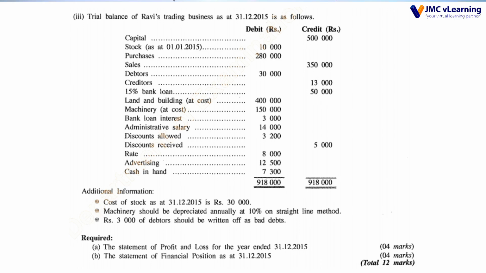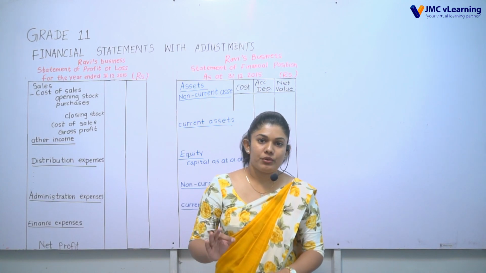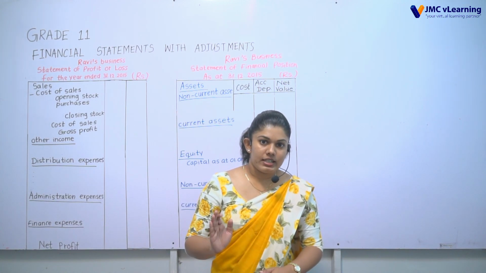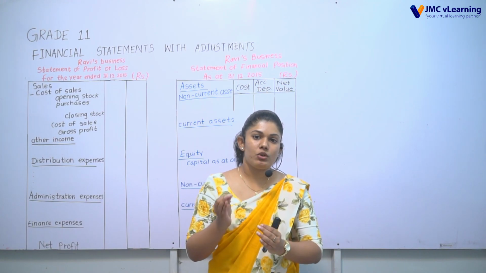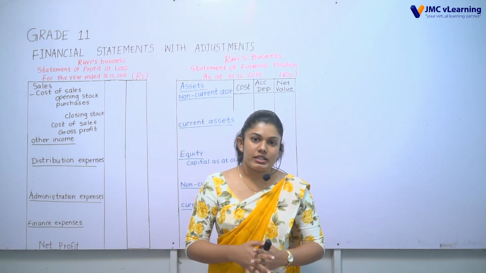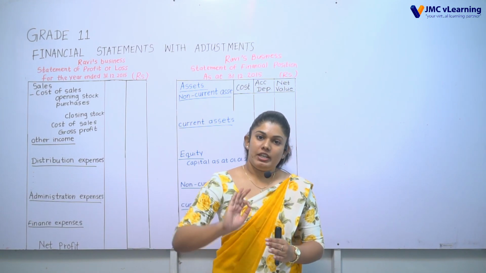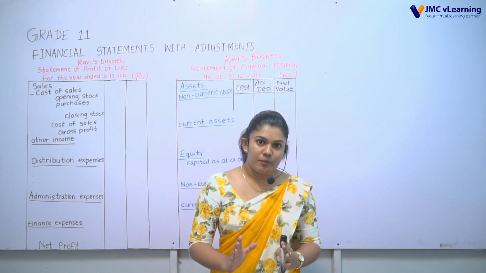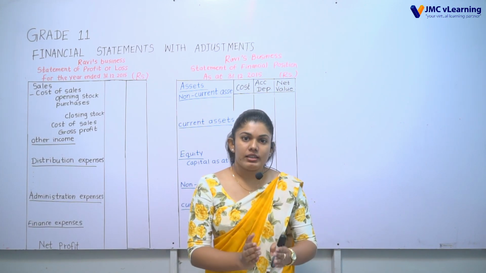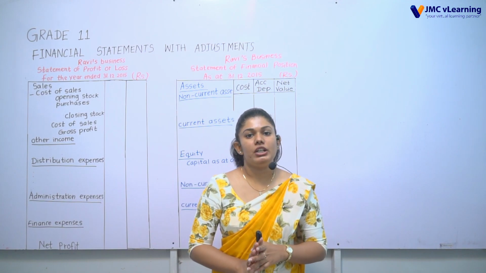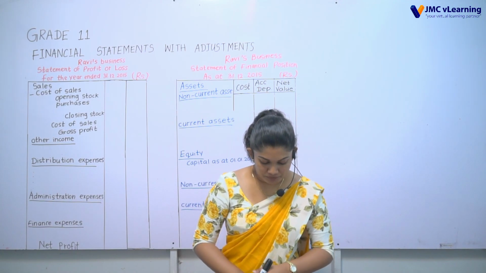There they have given ledger account balances of Ravi's business and additional information. That is the very crucial part in this sum, because in this additional information sometimes you might miss some line items. Therefore, we have to read this additional information and do workings to calculate the things mentioned in it. So let's read.